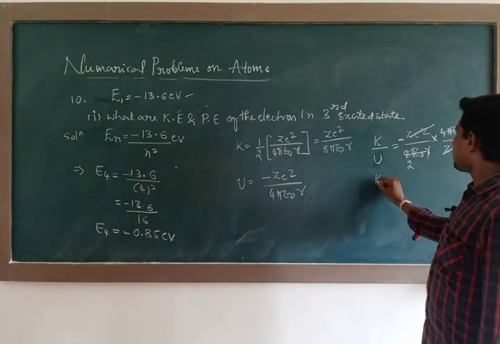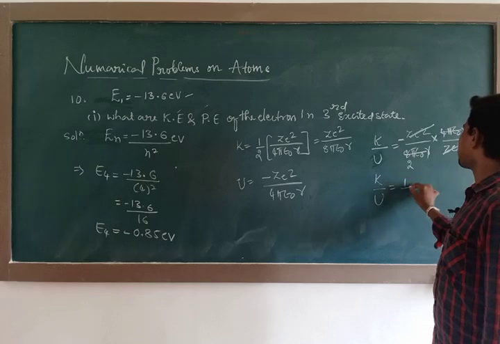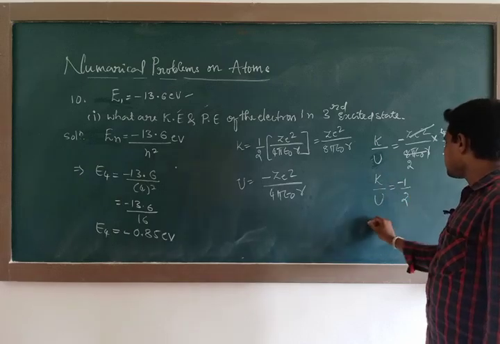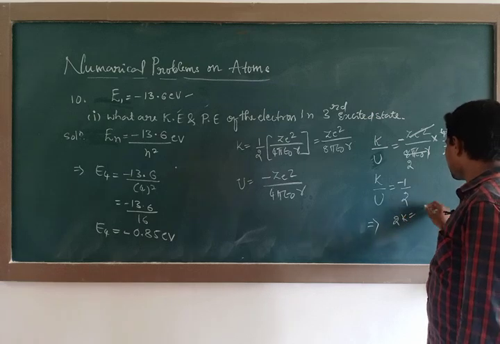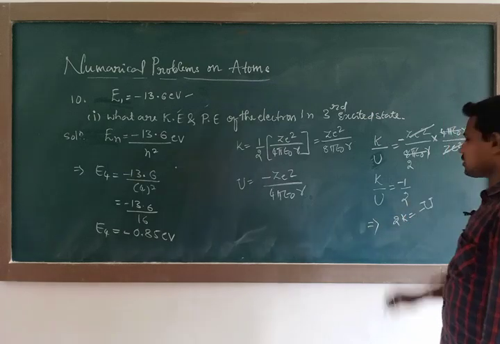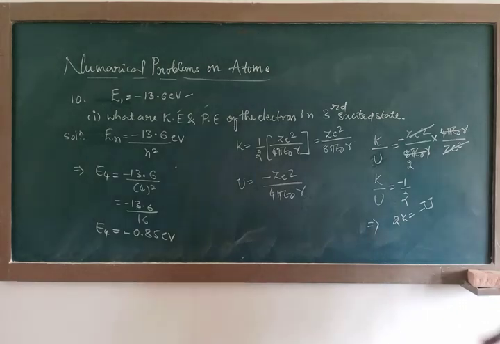Therefore, kinetic energy by potential energy is equal to minus half. This implies that 2 times kinetic energy is equal to potential energy, that too with a negative sign.